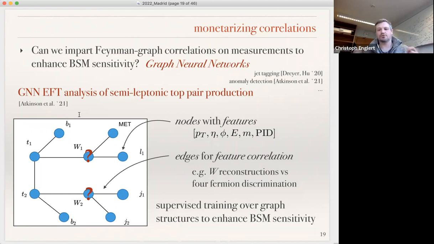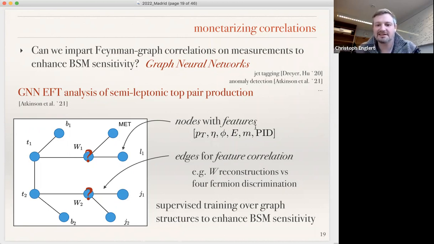So each individual final state object that you see is then associated to a node of a graph neural network. Your lepton from one of the top decays is a node. Your jet from the other W decay from the top is associated with a node, and so on and so forth. And you give these nodes features, and these features should describe, in a way that we can address them at least experimentally, their location in the detector and their characteristics, so to speak.